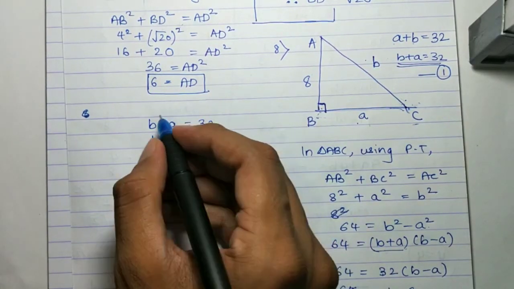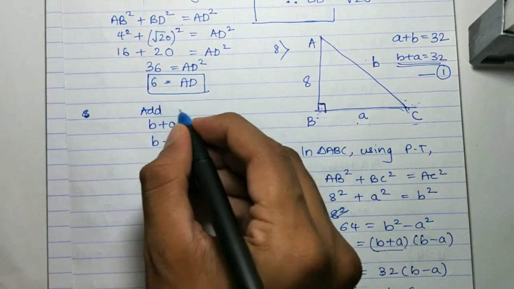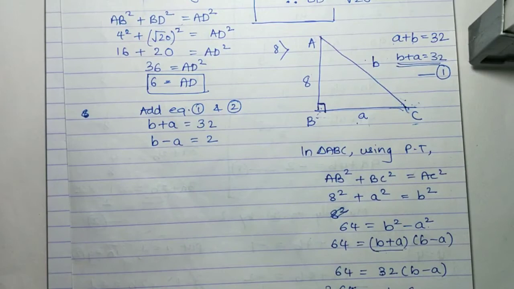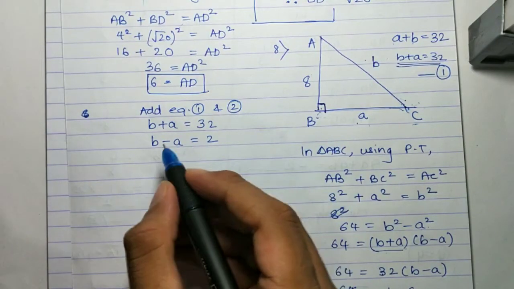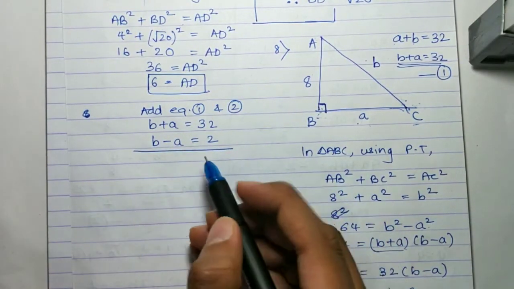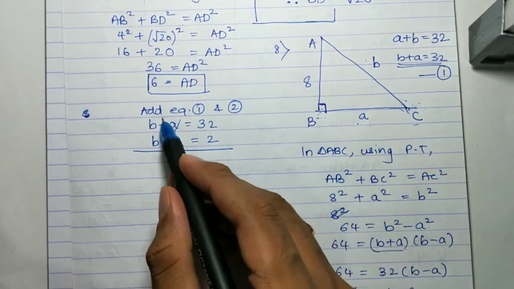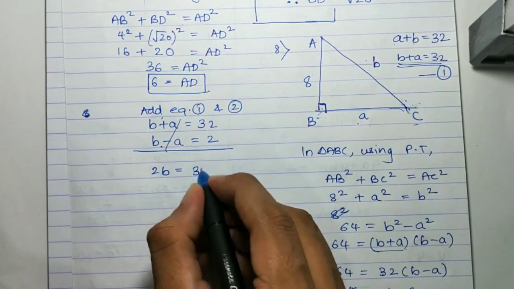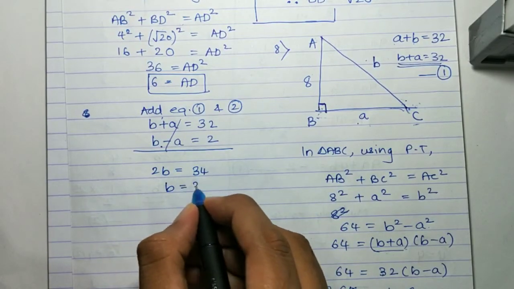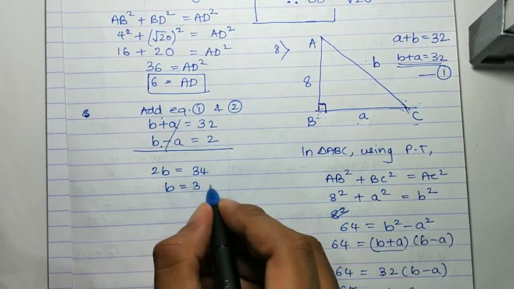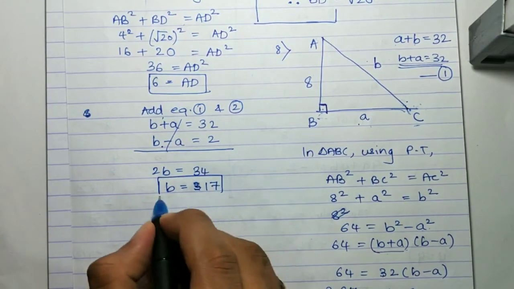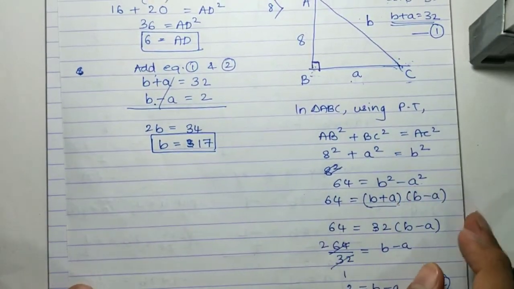So add equation 1 and 2. We have two equations, we add them. When we add the equations, A will get cancelled. B plus B, 2B, 32 plus 2 is 34. So B is equals to 17. We get B as 17.